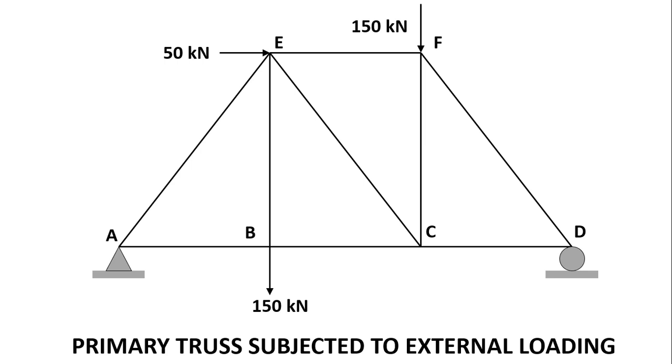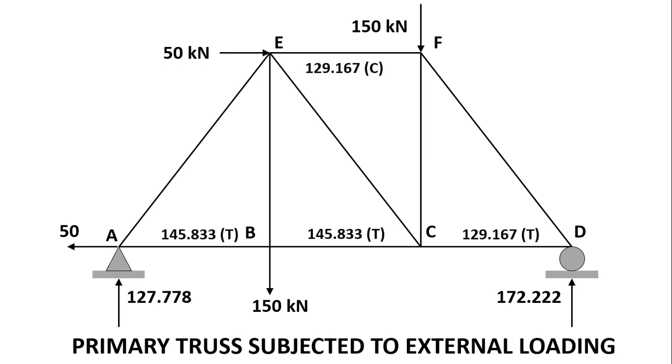So, first, kunin muna natin yung mga reaction. We have this one and this one. Siyempre, may kukontrang 50 na pakaliwa dito. By summation of forces horizontal. By method of section or method of joints, kuha natin yung mga bar forces. Inuna kong ilagay rito yung mga bar forces sa horizontal members, followed by the vertical members.